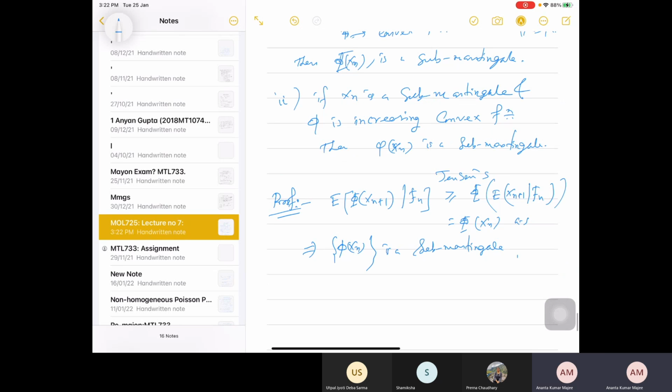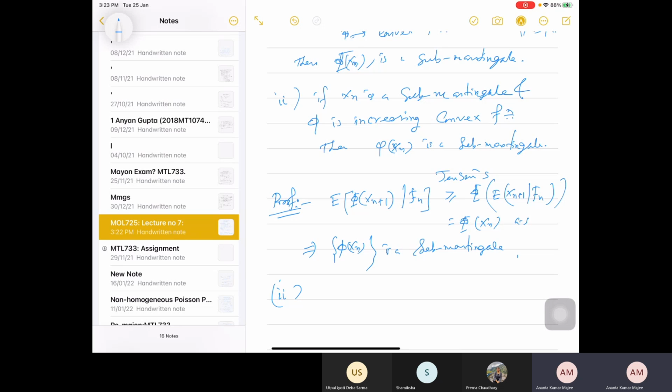Is it not? For the second part, again I can consider the same thing, but here I am not considering these to be the same Xn. What I have to prove is that the expectation of phi of Xn plus 1 given Fn is greater than or equal to phi of Xn. Now if you apply phi, you need the increasingness.